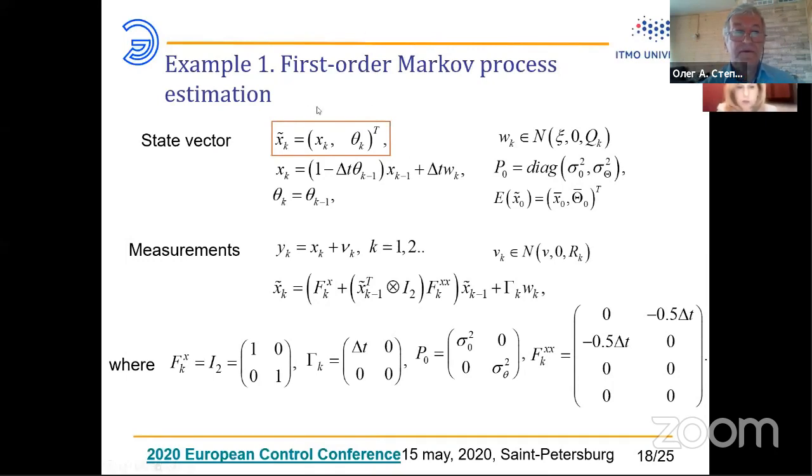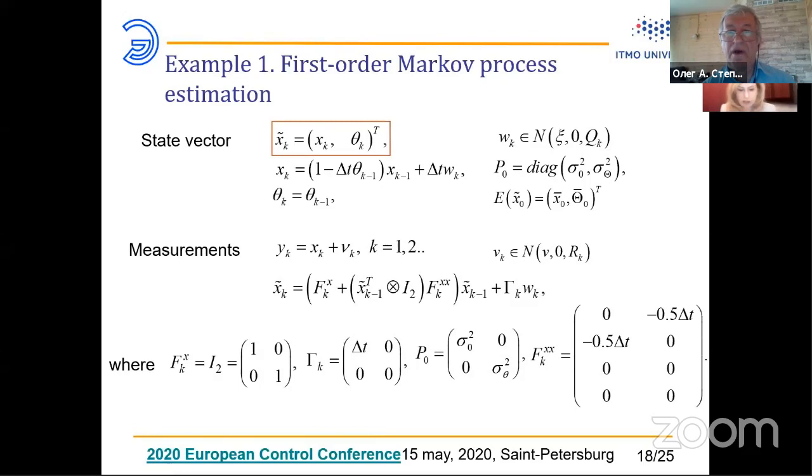Using the following composite vector, X theta, we can describe the random sequence in the following form. And now we can synthesize the polynomial filter, and also we synthesize the extended Kalman filter and the algorithm based on the Monte Carlo method.